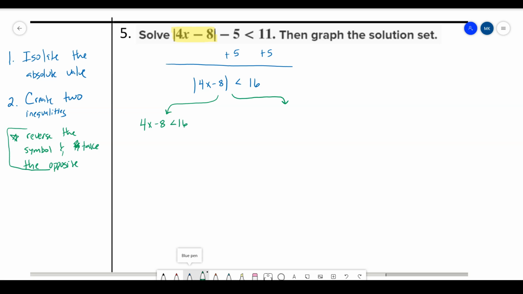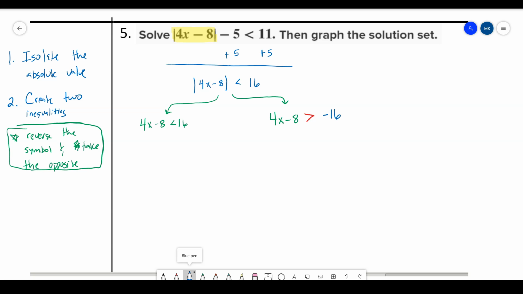So basically this is going to be the same rule for inequalities. I have 4x minus 8 is less than 16, and for the second I'm going to have 4x minus 8, reverse the symbol, so less than becomes greater than, and take the opposite of 16, so negative 16.